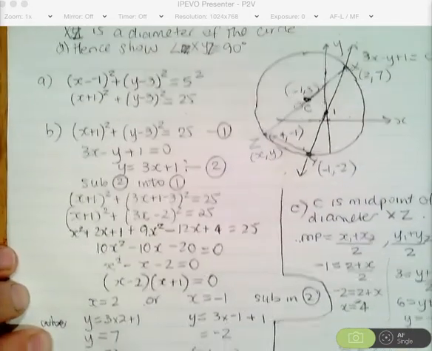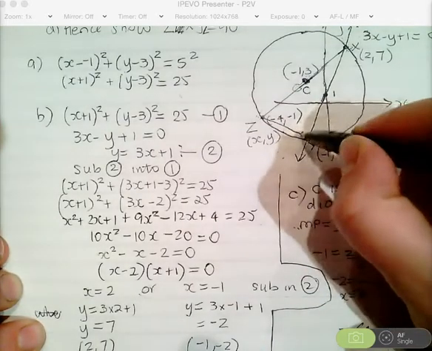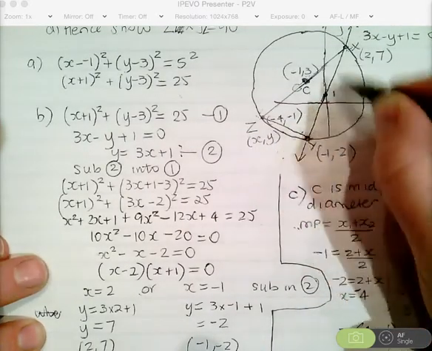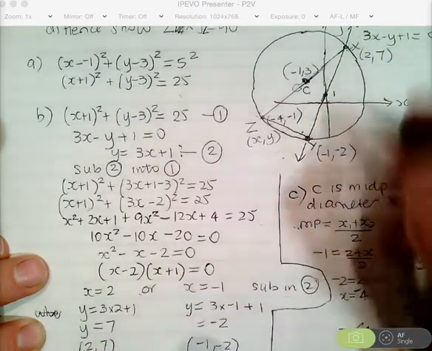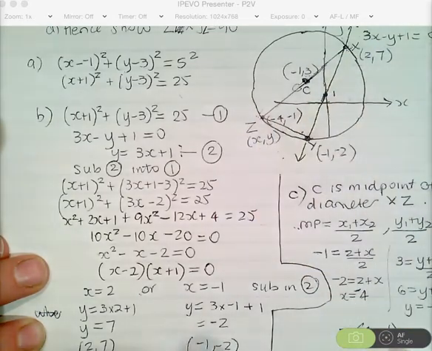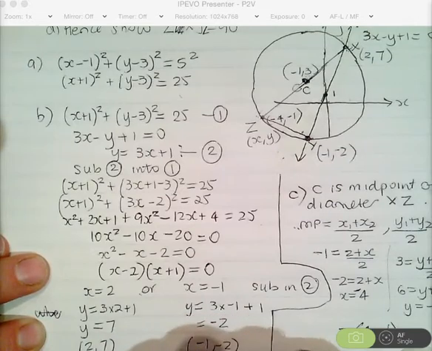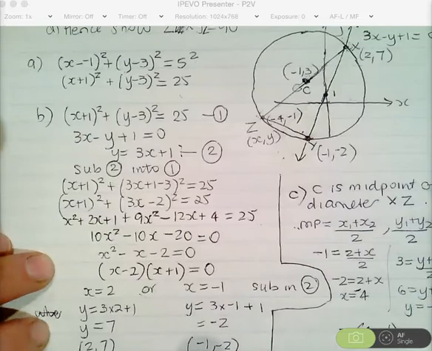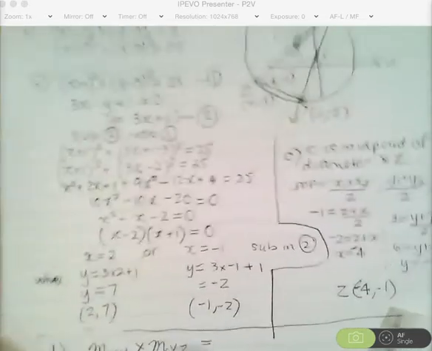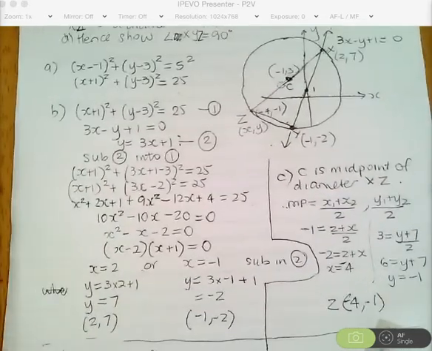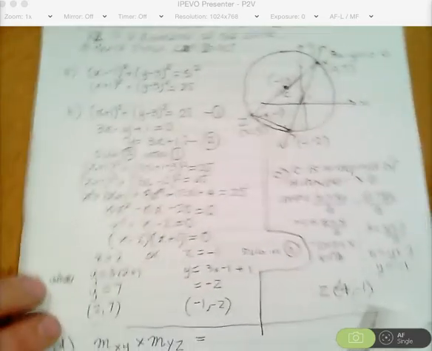So the way that we show that we've got a right angle here is that we look at the gradients of the lines. If angle XYZ is a right angle, then we need to look at the gradient of XY times the gradient of YZ. Sorry, I'm just off screen there, so I'll just lift that up a bit. So let's look at the gradient of XY first.